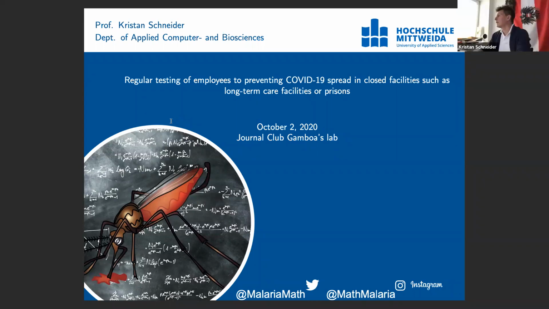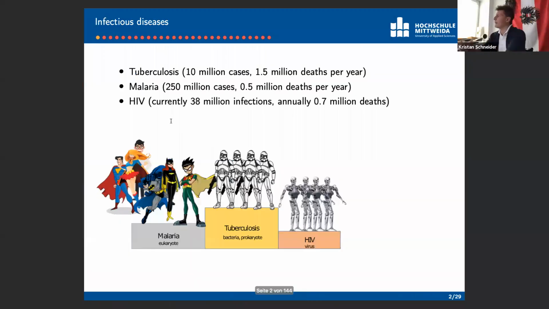So that's the world that we have known so far in infectious diseases, right? With the big three: the ever-cloning bacteria of tuberculosis, the complicated malaria with all its sexual and asexual forms, HIV being the number one virus.